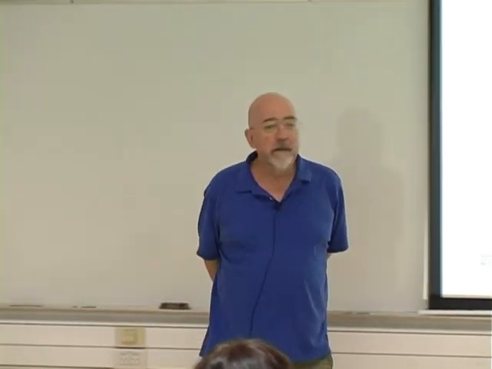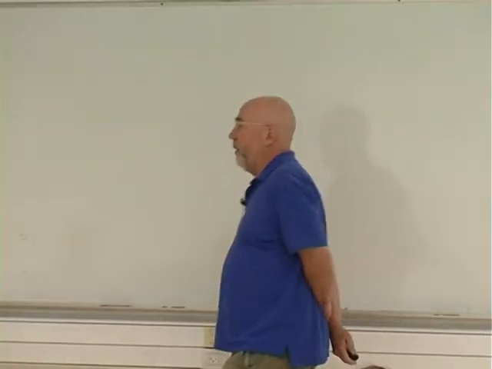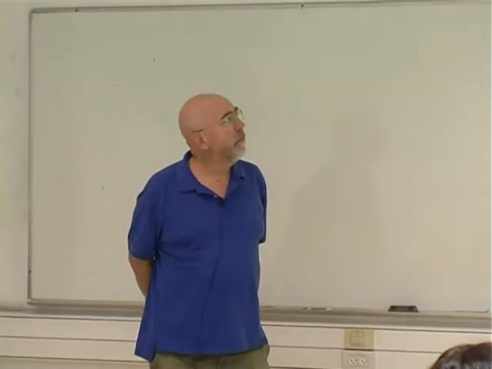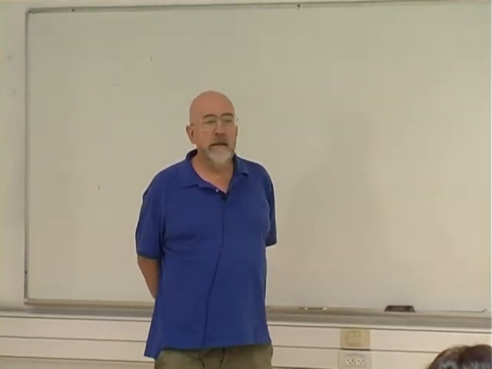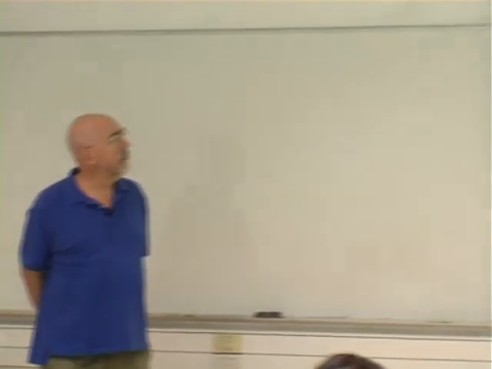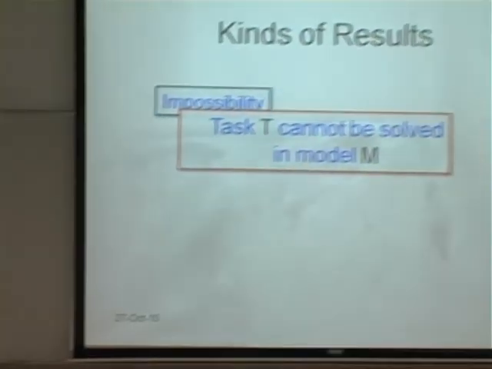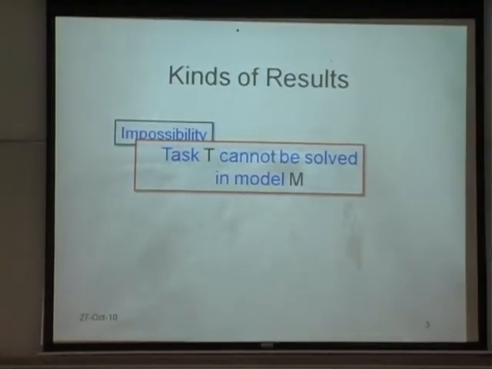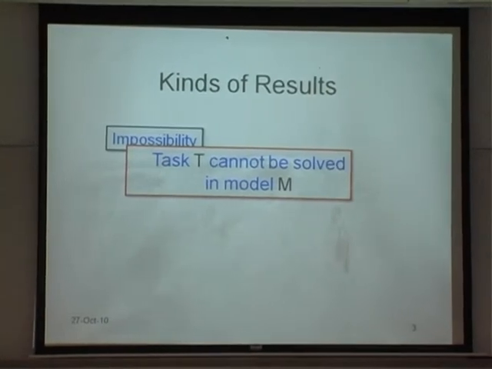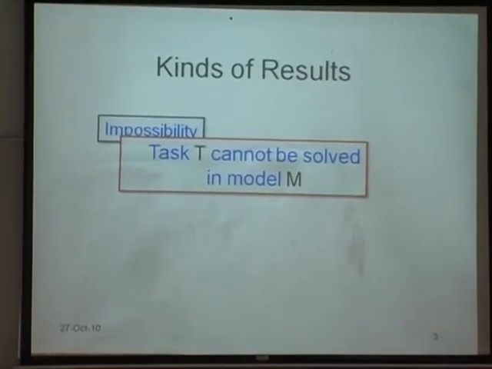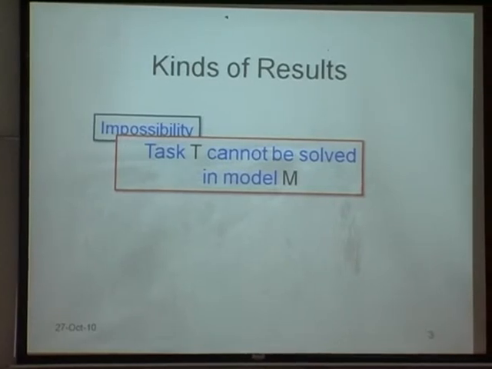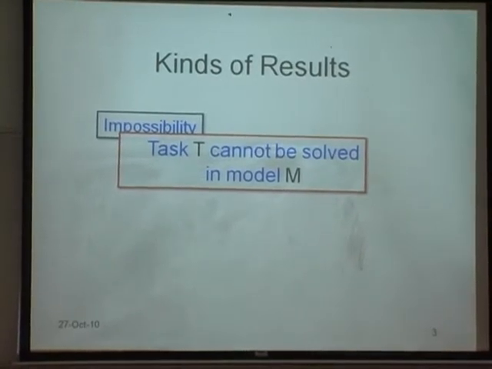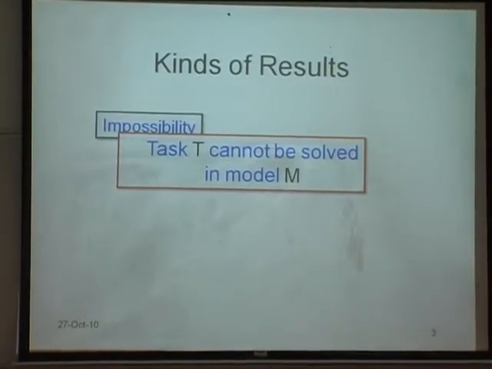Okay, so this time we're going to talk about impossibility and separation results. An impossibility result, which we'll do, is something that says that if I have a task that is a problem, I'm going to show that it is impossible to solve in a particular model of computation. No matter how clever you are, no matter how long your algorithm runs, you can't solve it.